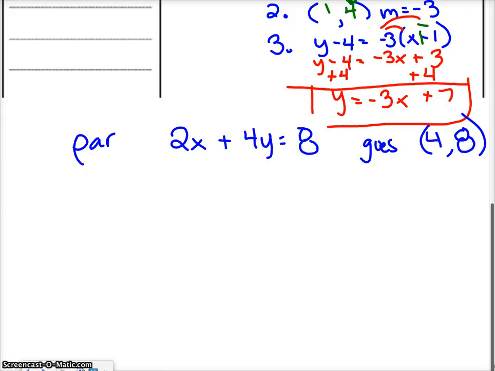Because remember step 1 says identify slope. I can't identify the slope of this yet. I need y alone. Okay, that's me moving the x term. Now I move the y, or 4.